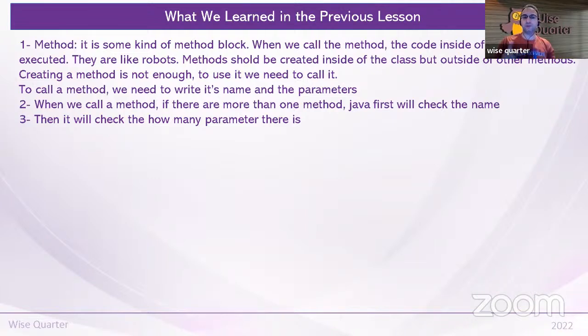The name should be same with the method call, and the number of parameters should be same. We are sending two numbers. A method should be able to accept those two numbers. Then parameters data types will be checked.